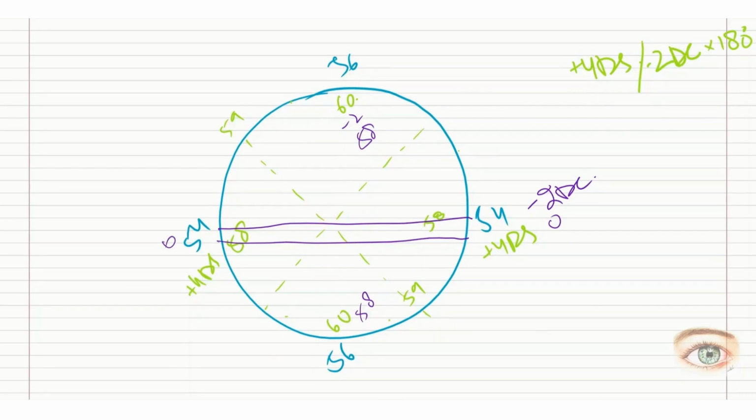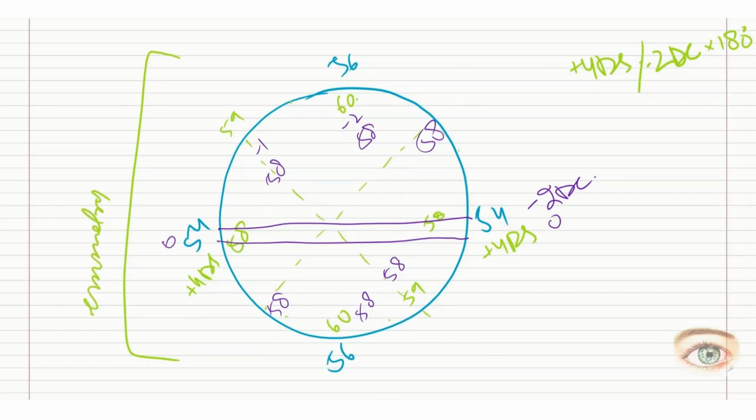Now at this point it will have minus 1. So 59 has become 58, right? Now all of these meridians are neutralized and the eye has become emmetropic. And this was the concept of mixed astigmatism.